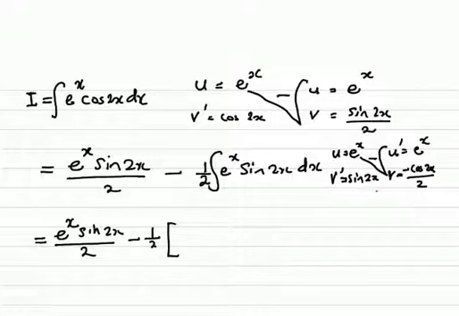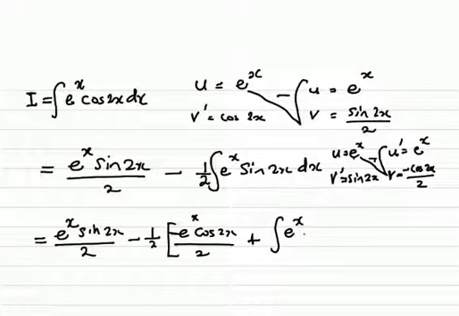We're going to have what we have here. This is that times that, which is e to the x cosine 2x over 2 with a minus sign before. Now these two multiplied and the minus sign there give us a plus integral of e to the power x cosine 2x dx, and our half outside the integral sign.